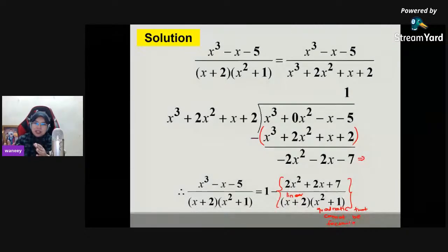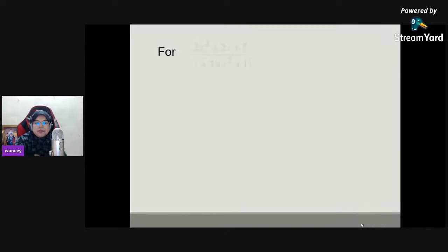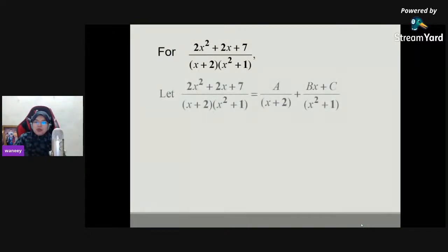Since you cannot factorize it, on top of it you should write down some linear function. So separate them into two: A over x plus 2 plus (bx plus c) over x squared plus 1. And again, put some bracket for bx plus c over x squared plus 1.